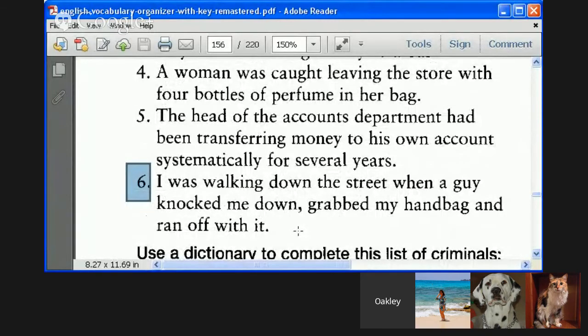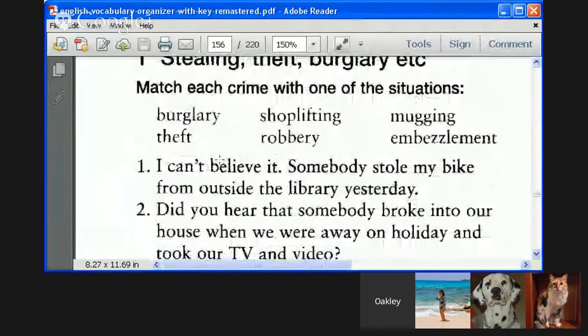I was walking down the street when a guy knocked, knocked me down, grabbed my handbag, and ran off with it. Okay, and what is that?